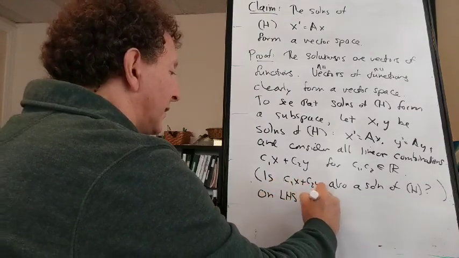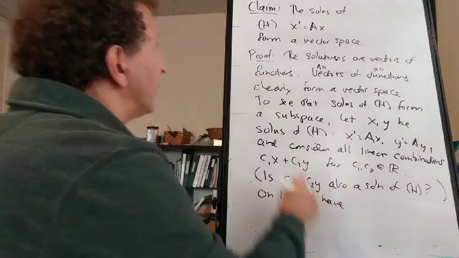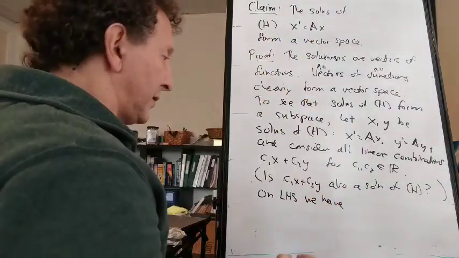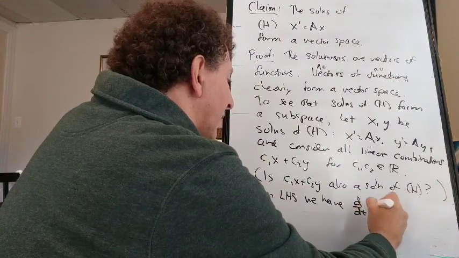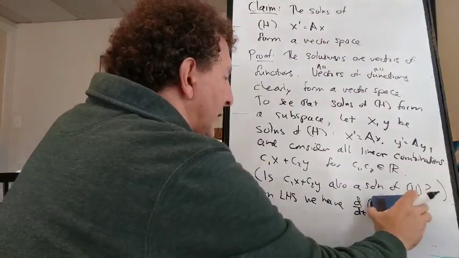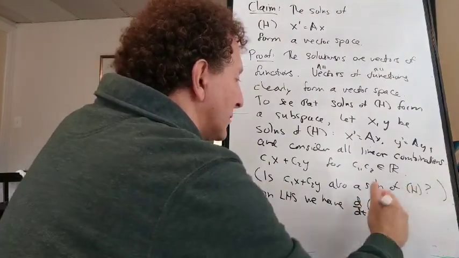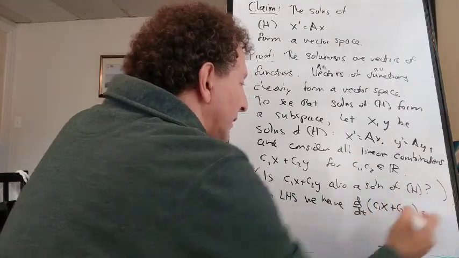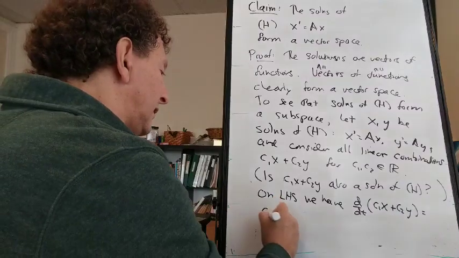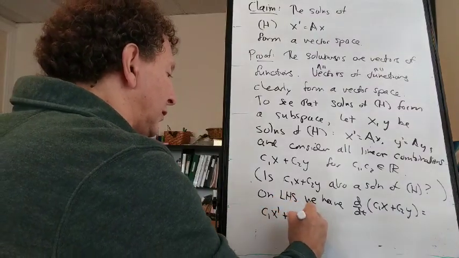On the left-hand side, if we look at just the derivatives, the derivative of c1 x plus c2 y equals c1 x prime plus c2 y prime.